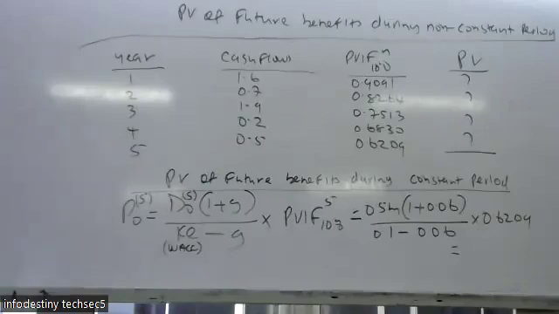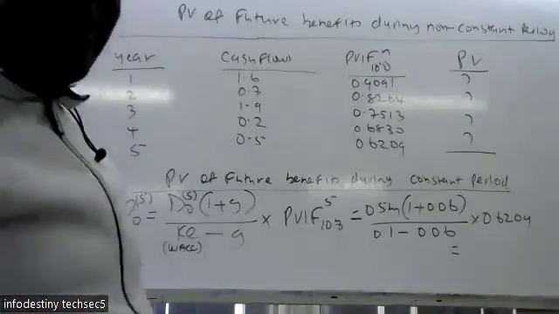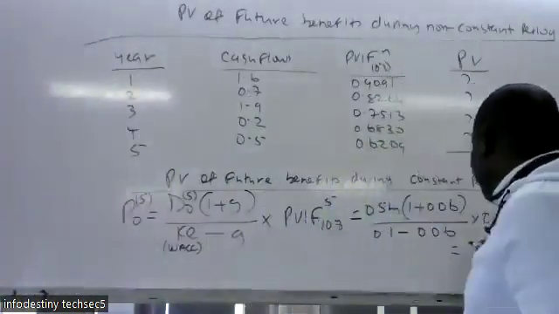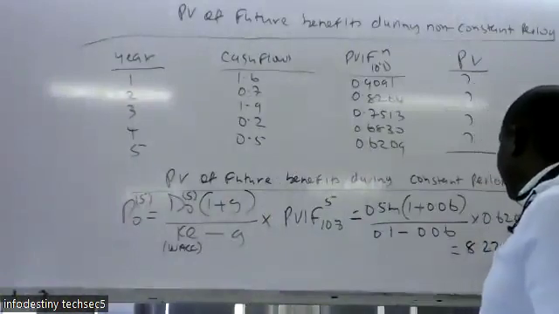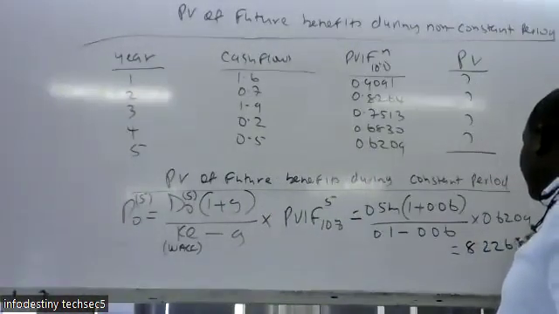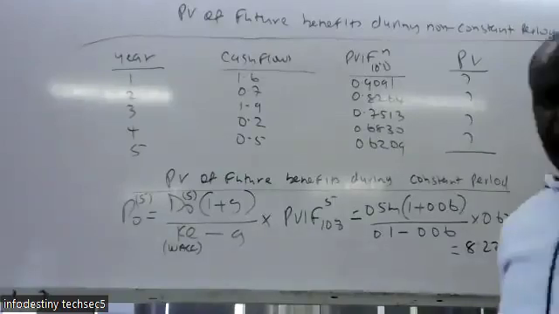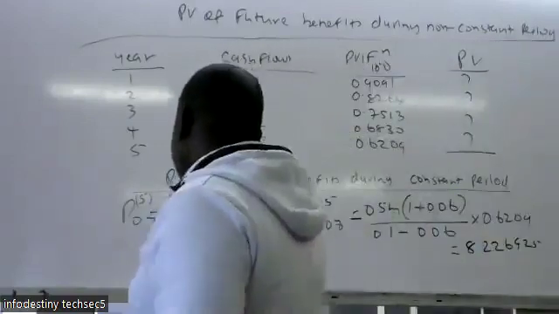So how much has it come to in total? 8 point 6925. So now you can get the value of the farm.